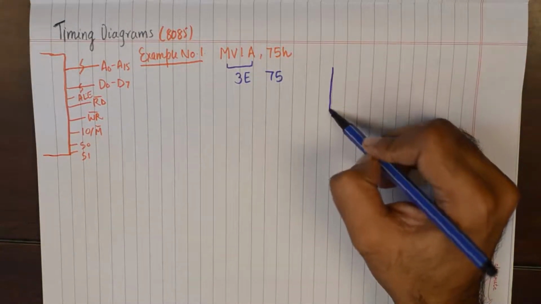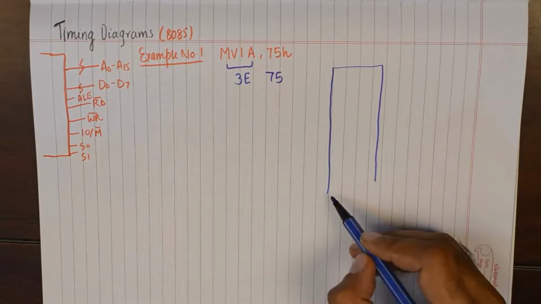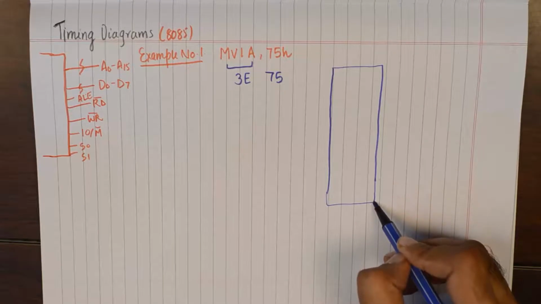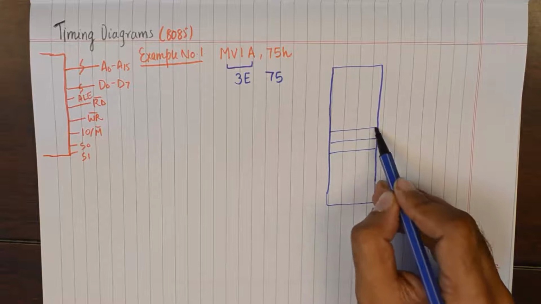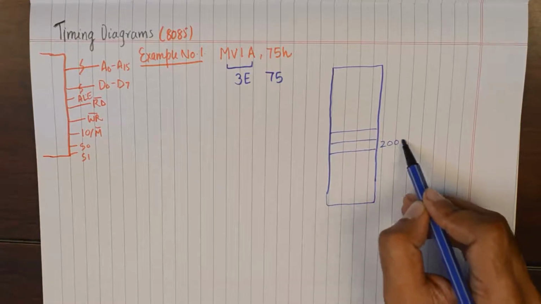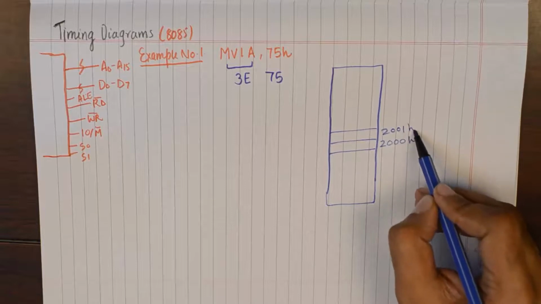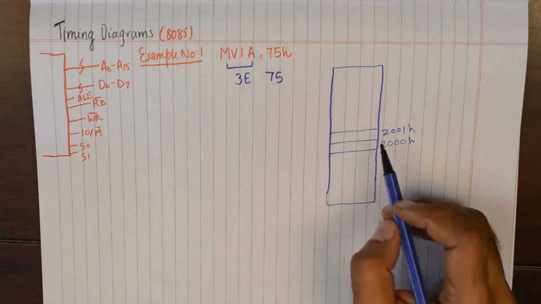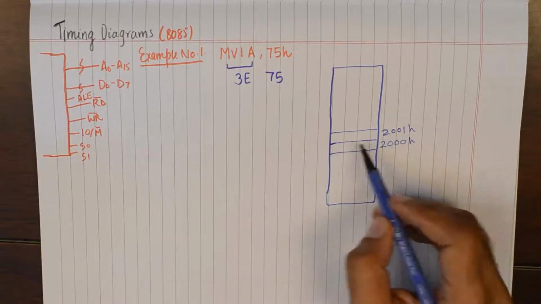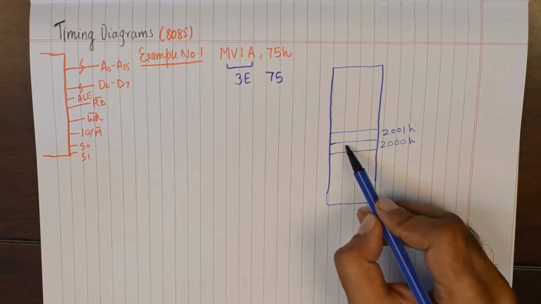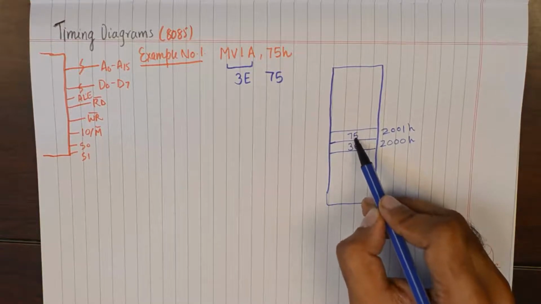Now let us assume that this instruction is placed in the memory location 2000 and 2001. This instruction, being a 2-byte instruction, would occupy 2 memory locations, so 3E and 75.